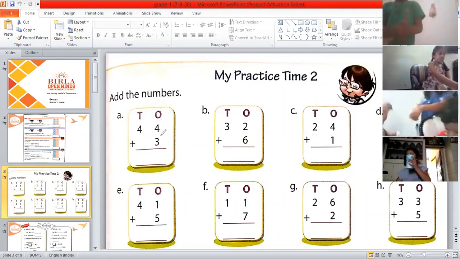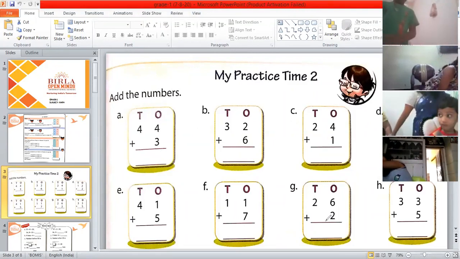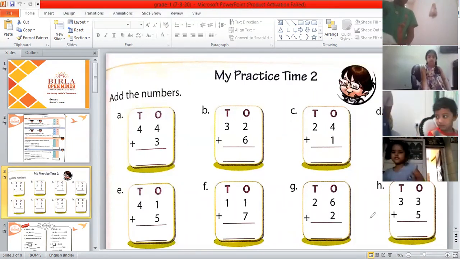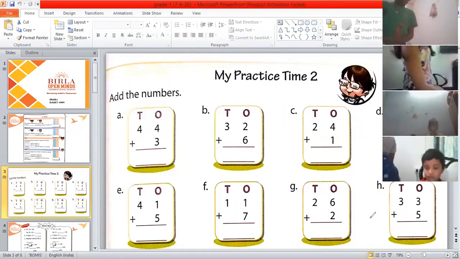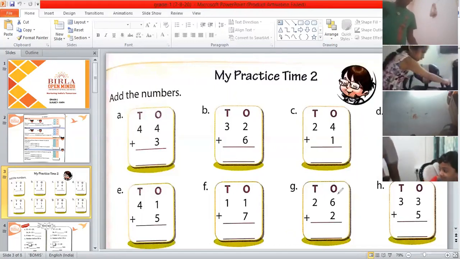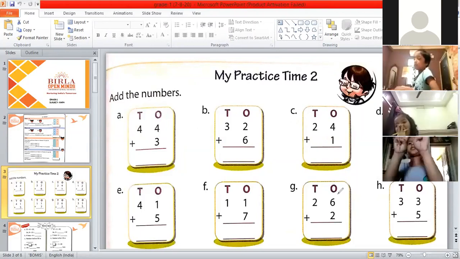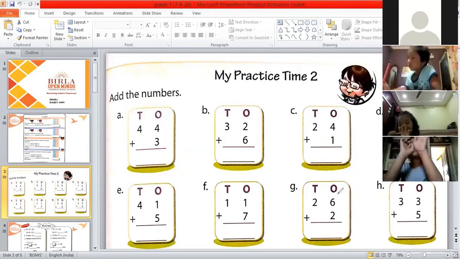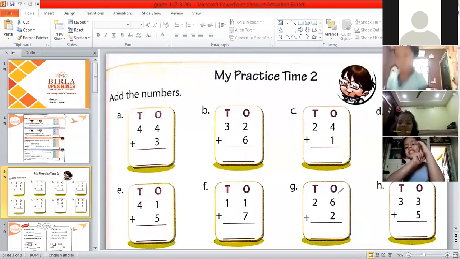So in ones place numbers are 4 and 3. So now you have to tell me, 4 plus 3 is how much? Arohi, you tell me. We are adding numbers in ones place. 4 plus 3 how much, Arohi? 7.